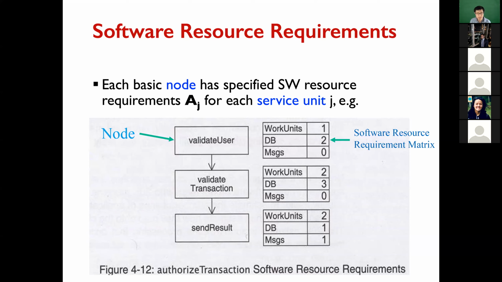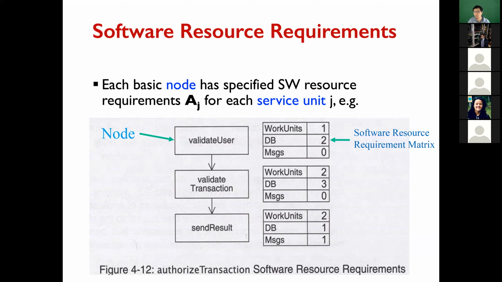We call this the software resource requirement matrix. So this is the first step. Here we map each step, or each basic node, to the software resource requirements.